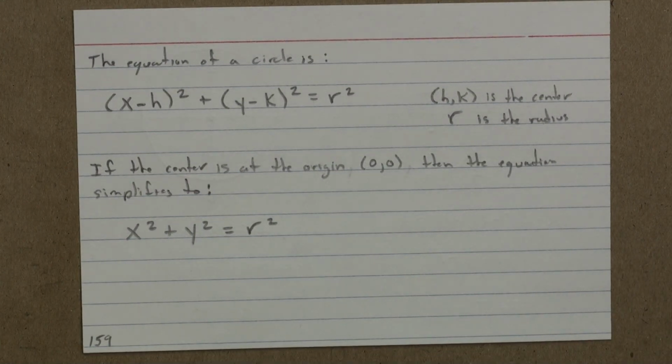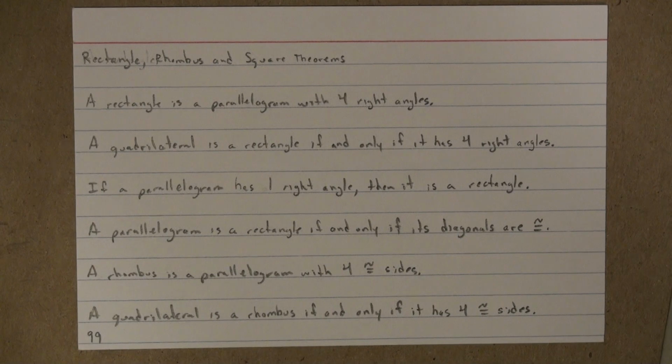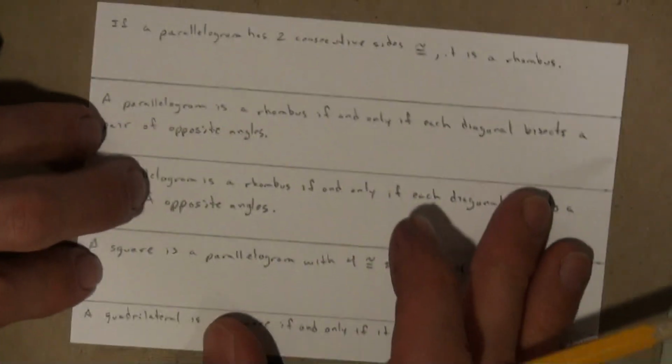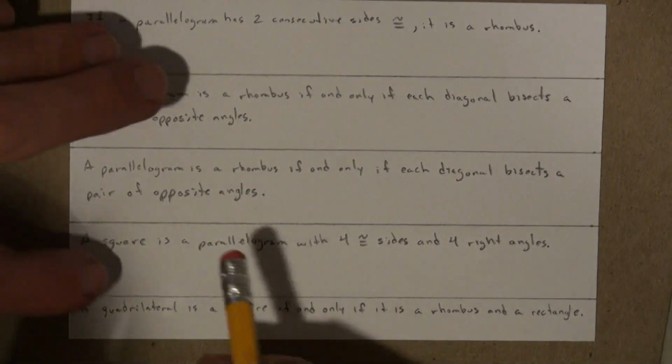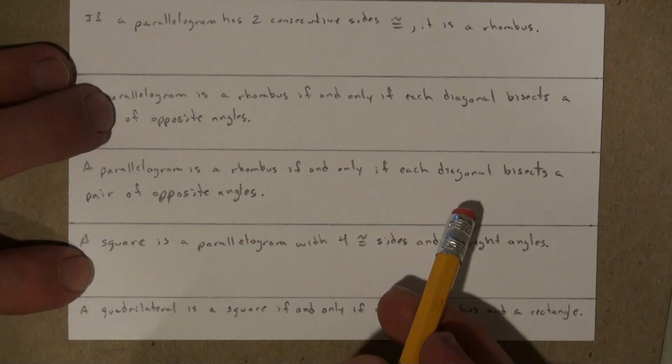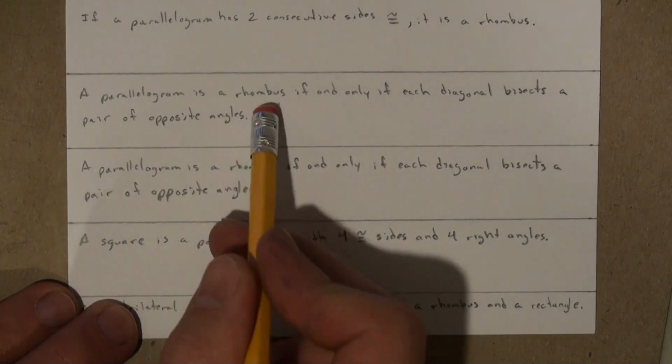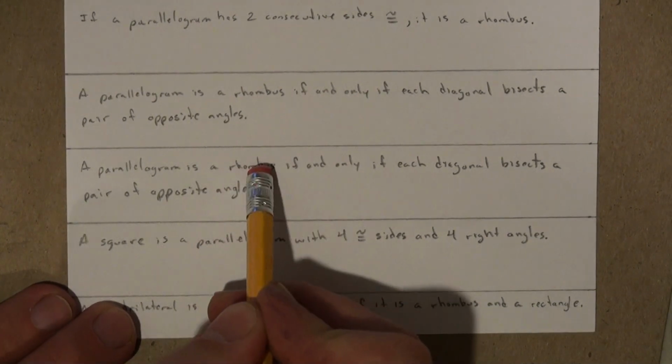Alright? Guys, just take a quick look at card 99. I have a change on the back. This third part here should say, there's two of the same. This one and this one are the same.